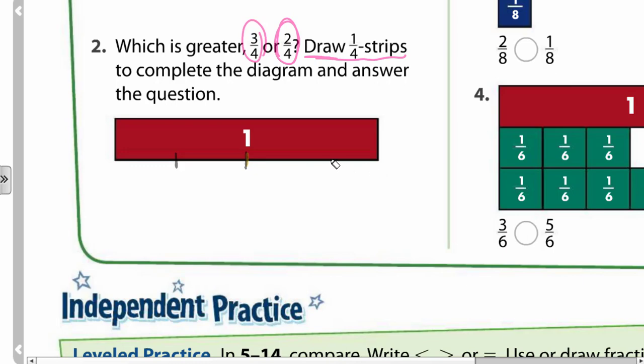So as you can see here now, I have 4 parts. Count them. 1, 2, 3, 4.